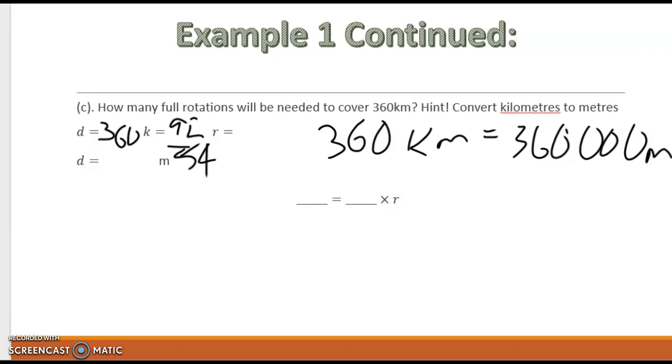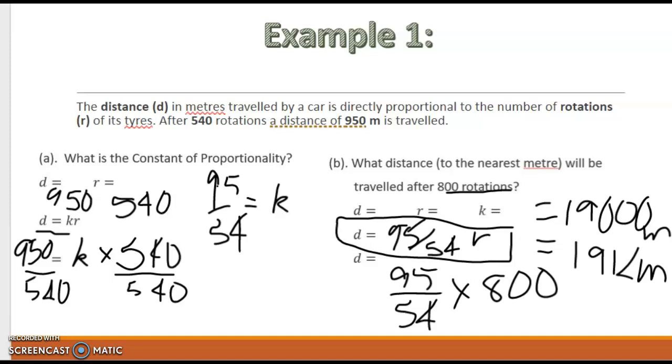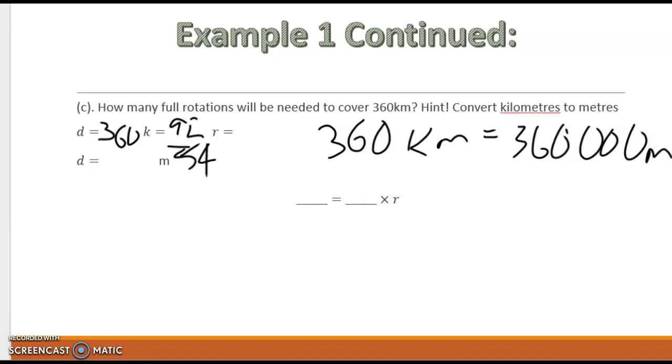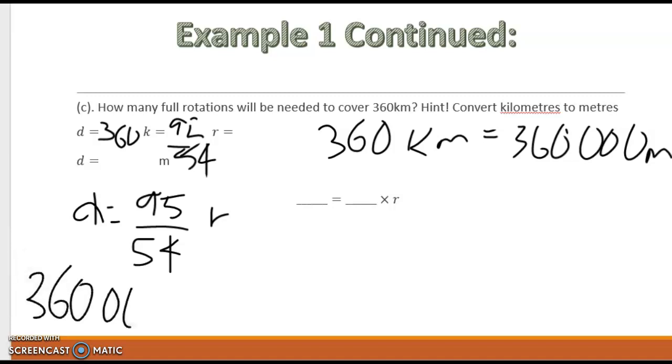And we've got our equation already as being D equals 95 on 54 times R. And this time they've given us the distance, which is 360,000.